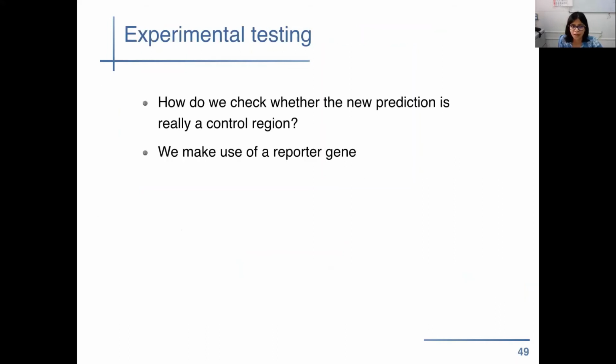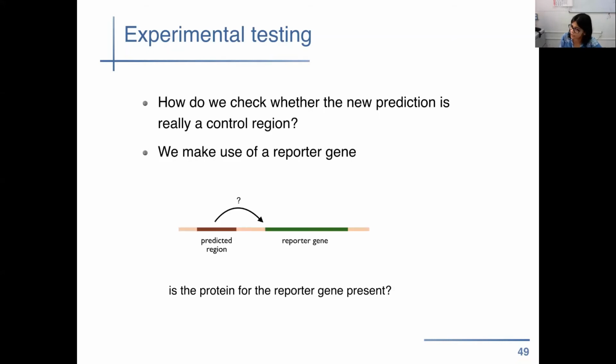Okay? So they were the ones who were going to do testing experimentally, right? Because that's where the proof of the pudding is. How do you then check whether a new prediction is really an enhancer or not? So they made use of a reporter gene. Okay, so this is very cool.